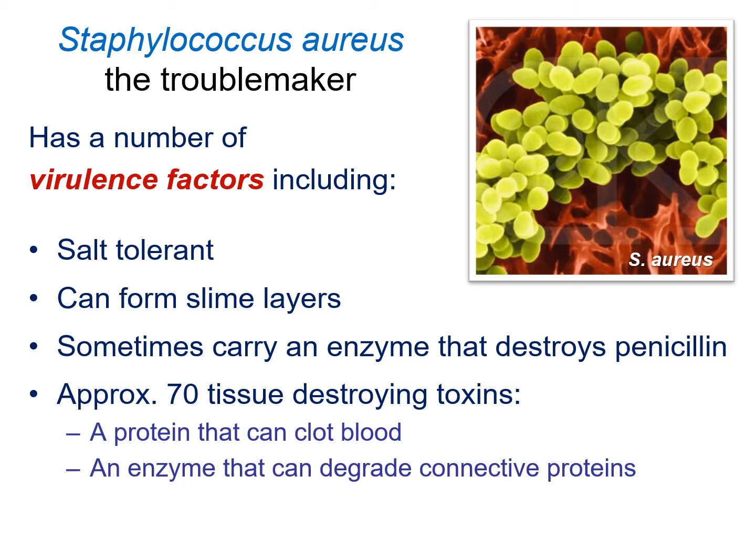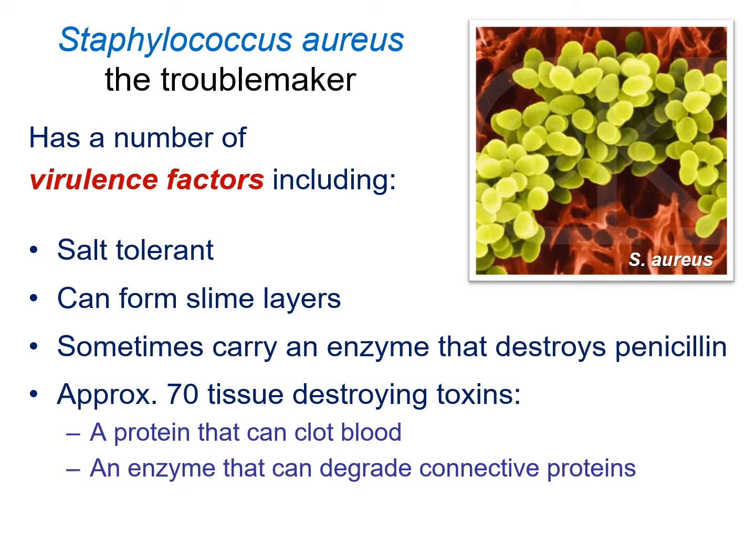They secrete this protein that kind of acts like a glue to stick them together. And the cells that are in the middle of that slime layer are protected from antimicrobial substances and oils that the skin produces. Some strains of S. aureus can carry an enzyme that destroys penicillin and other antibiotics and other substances that are produced directly from the skin.